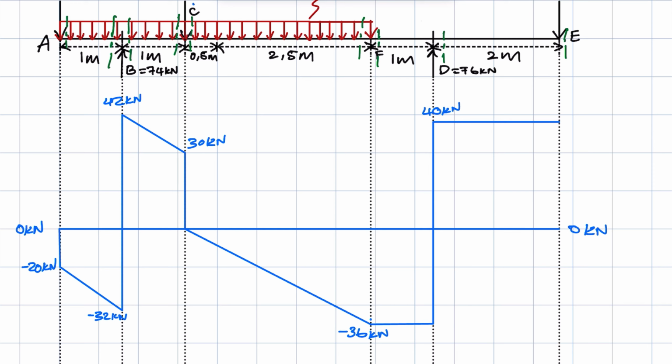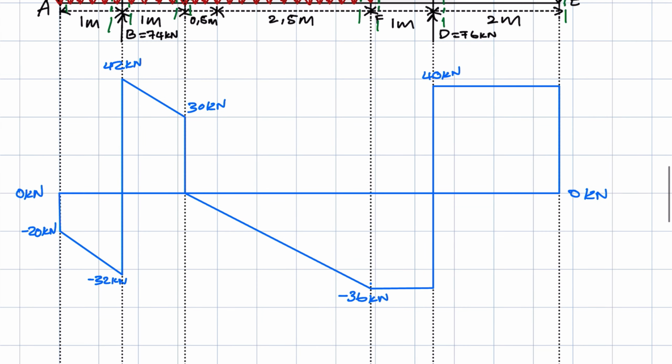So 40 minus the 40, the shear force goes back to 0, and here's our completed shear force diagram. Always remember that your shear force starts from 0 and must always end at 0. So if it doesn't end at 0, it means you've done something wrong somewhere in the shear force calculations.